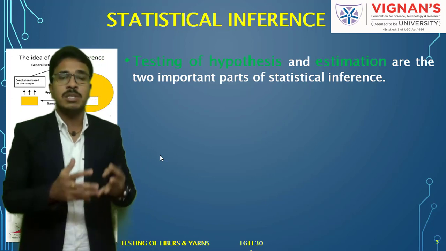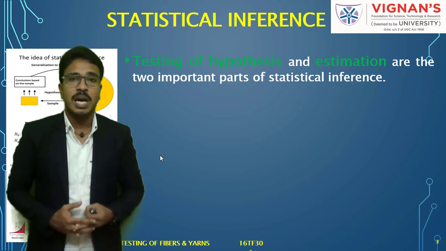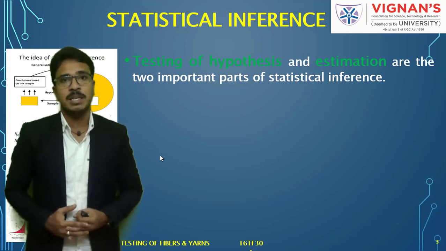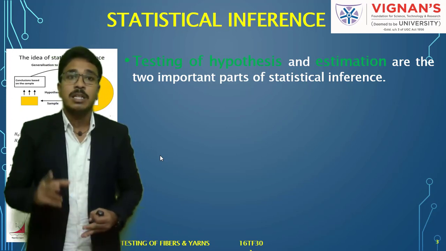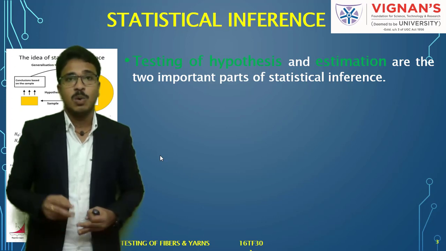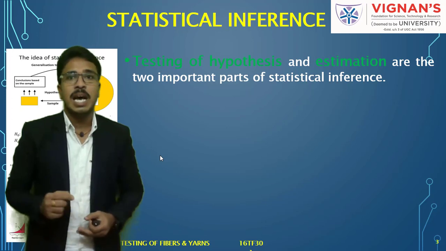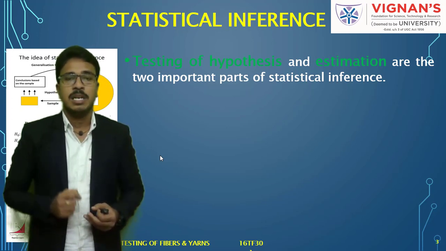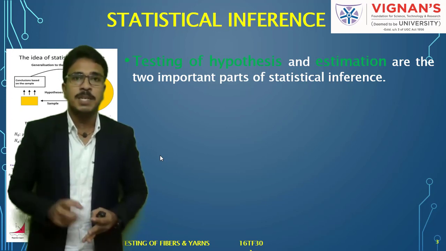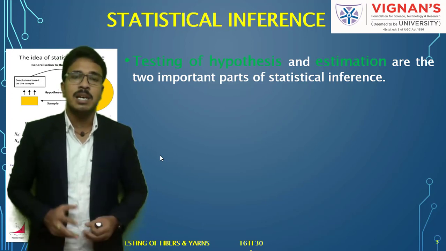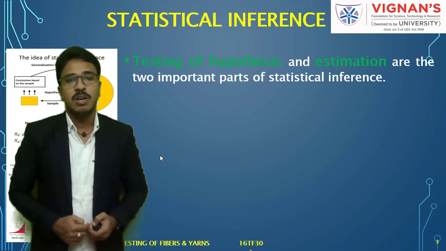If you are going to draw an inference about a population parameter, that is, the state of the population parameters, there are two important parts: testing of hypothesis, which is the significance test, and estimation of unknown population parameters, which we already discussed in our previous class.